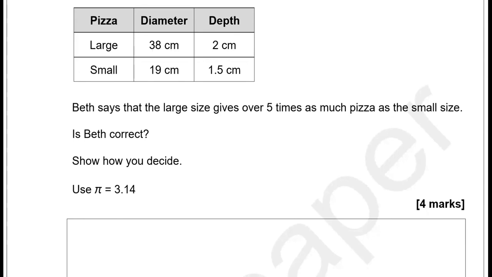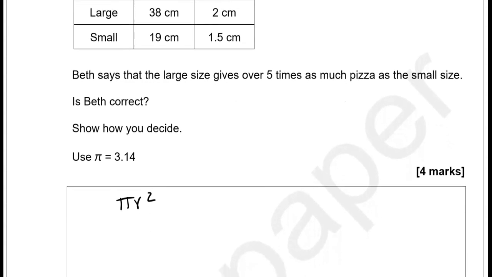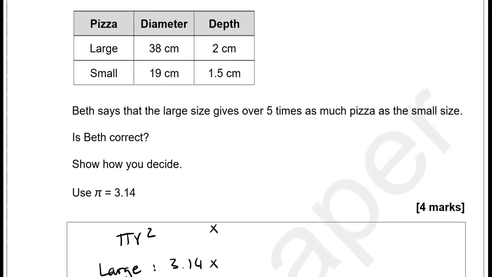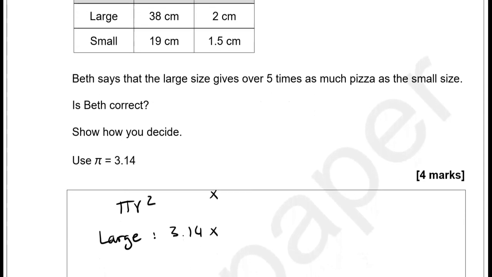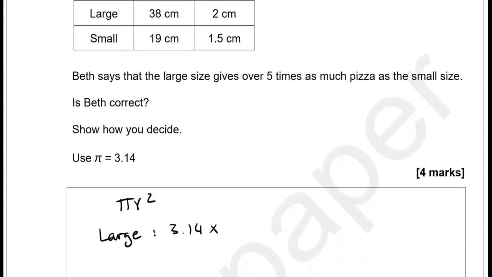So we get area and multiply it by depth. Area of a circle is worked out with the formula pi r squared. So for the large one, we'll go 3.14, which is pi, times the radius, which is 38 divided by 2, and that gives us 19 squared.